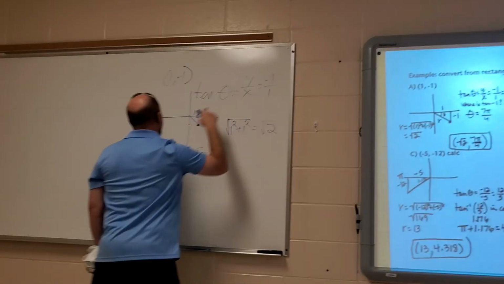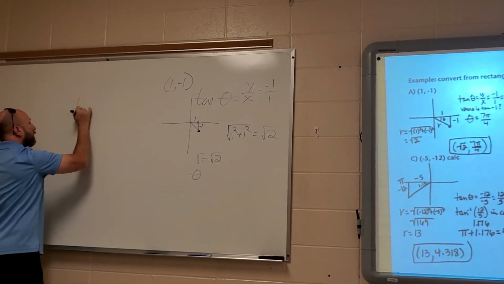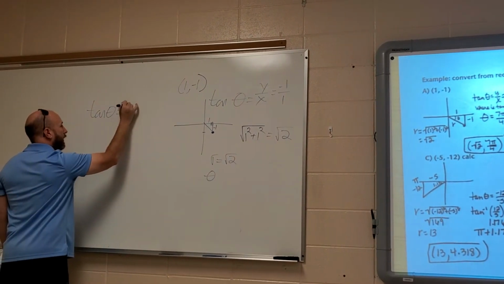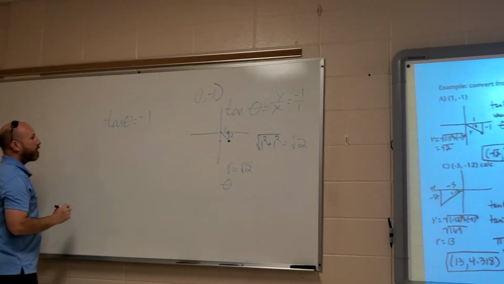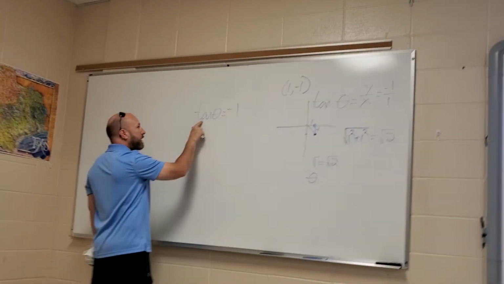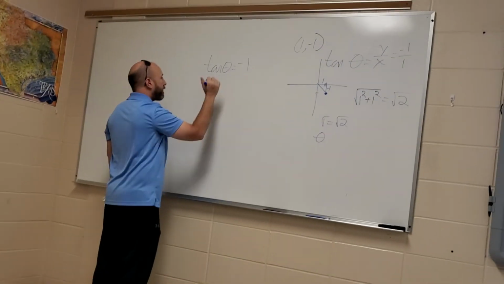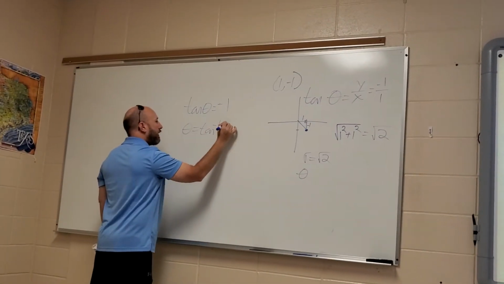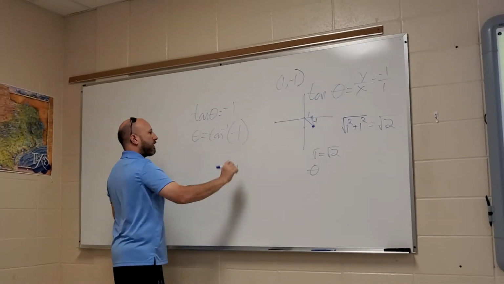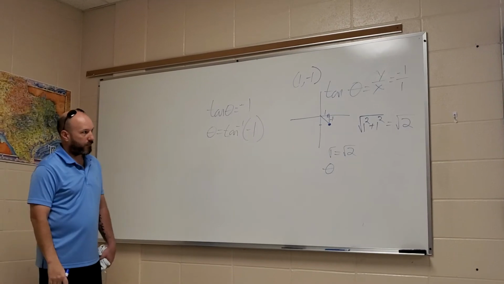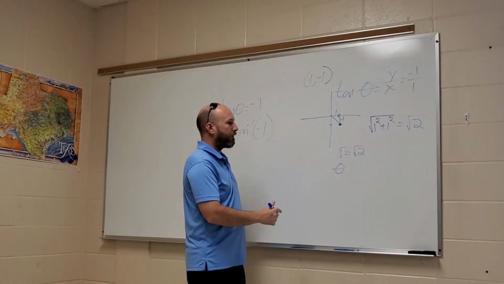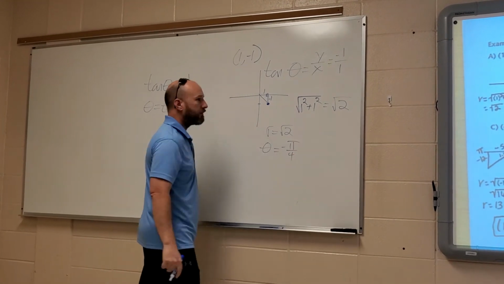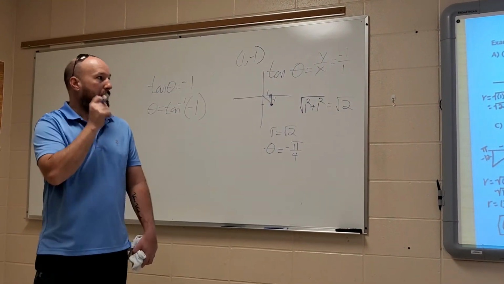And if you remember from trig, negative 1 over 1 is just negative 1. And if you remember from trig, if you have the tangent of an angle equal to something, then the angle is the tan inverse of that something. And if you do the tan inverse of negative 1, you're going to get negative pi over 4.